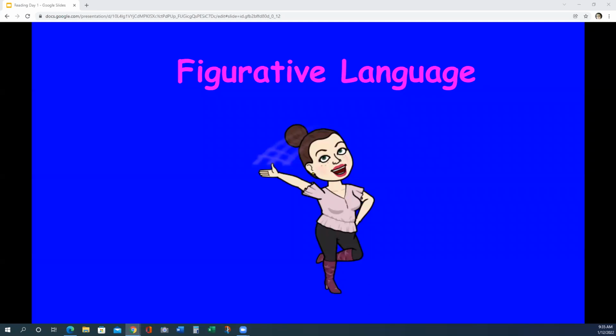So figurative language is meant to help readers visualize things in different ways. So I like to think of figurative as more of a way to get the reader to use their imagination to visualize things, whereas literal just outright tells you what it is.